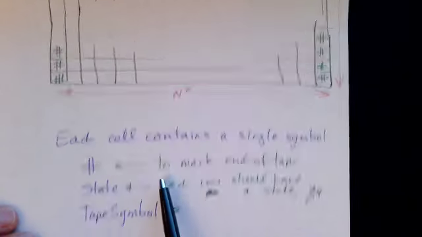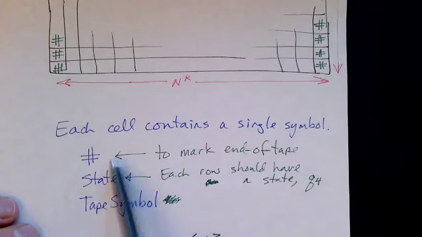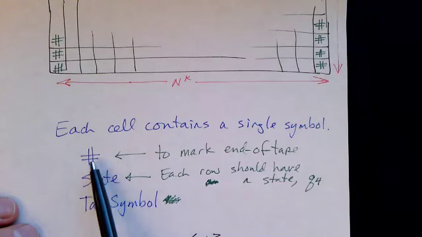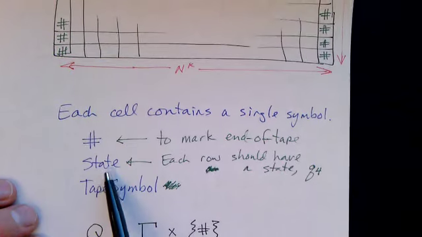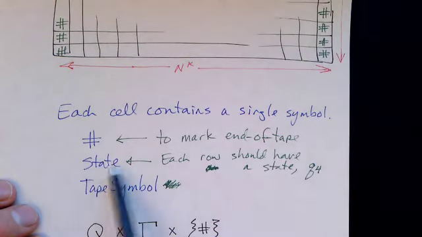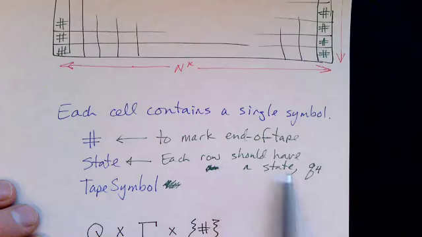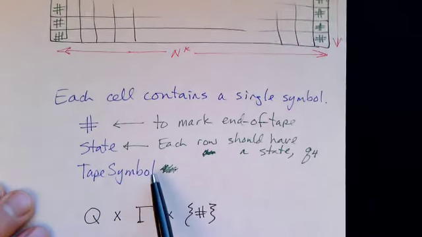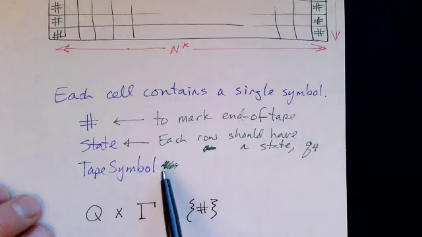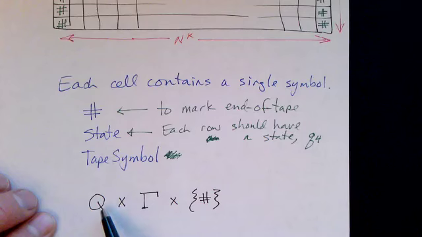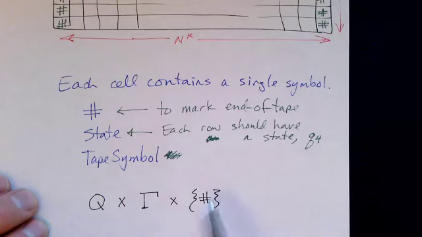So each cell contains a single symbol, and each cell can contain either a pound sign, the state, and every row should have exactly one state in it embedded somewhere, and the remaining thing that the cells can contain is a tape symbol. So we could specify that as Q times gamma times the pound sign.